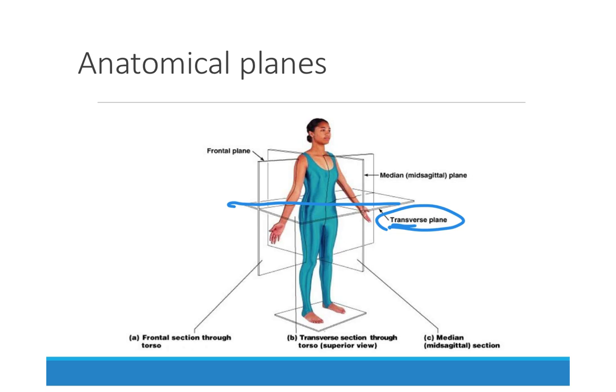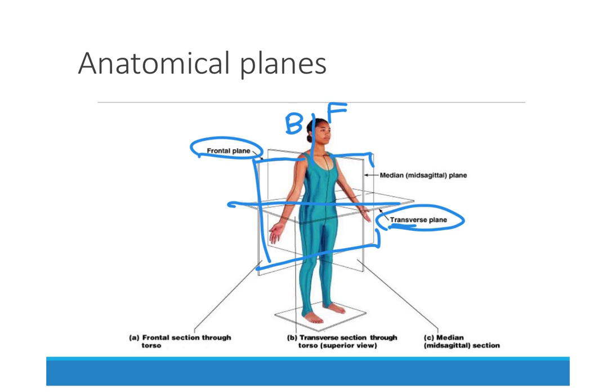Then if you divide the body so that there is a front and a back, so it would be kind of slicing down through the side, that's this plane here. If we slice somebody, that's going to go right down through the middle of the body, so it would have a front side and a back side. That's the frontal plane. That again is easy to remember because frontal starts with front.